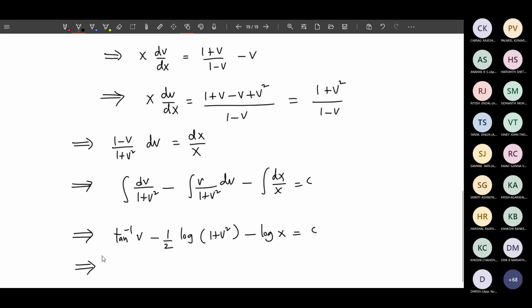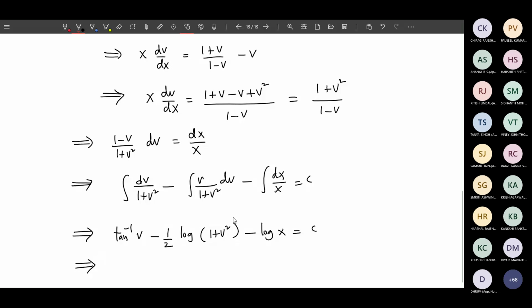Everywhere you multiply with 2, to make it uniform without fractions: 2 tan inverse v minus log 1 plus v square minus 2 log x equals 2c.